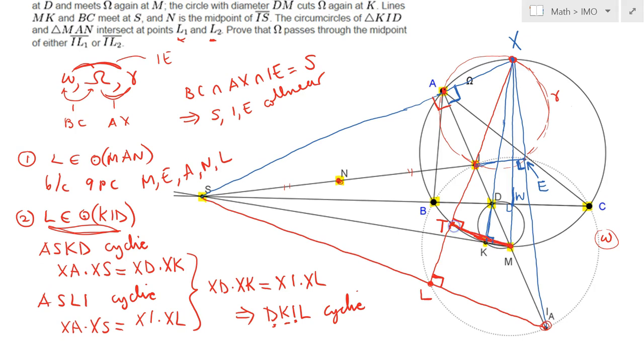Sorry, the drawing is not very clear, but it is obvious that the midpoint T has to be on the circumcircle, as we just mentioned, because TM is parallel to LIA, and as a result MTI is 90 degrees, but that's also equal to MTX, and angle MTX subtends the diameter, so T has to be on the circumcircle, and this proves the problem.